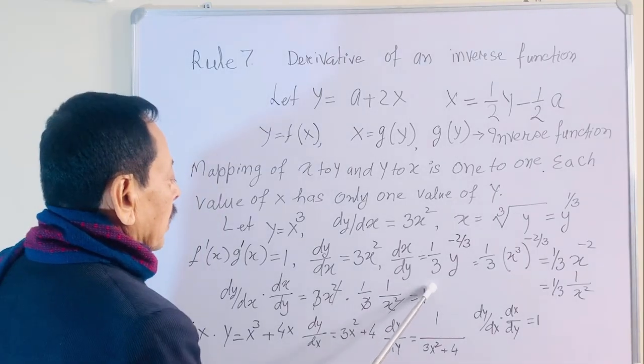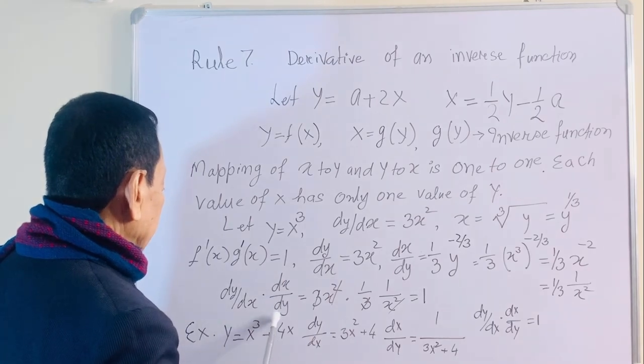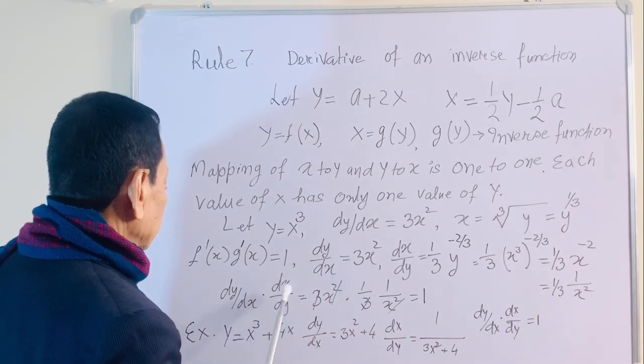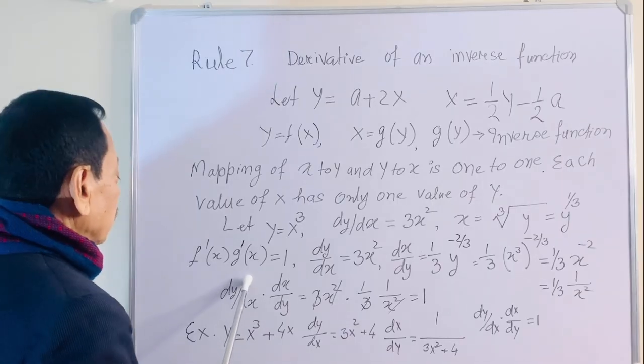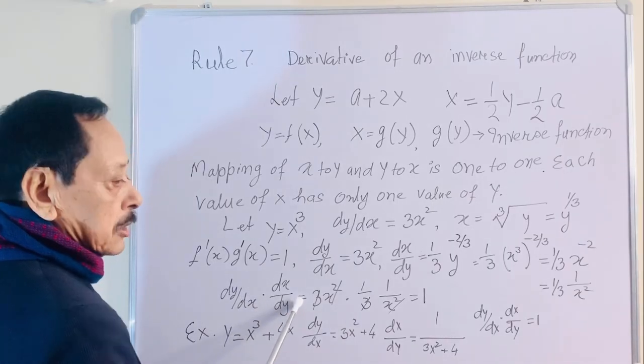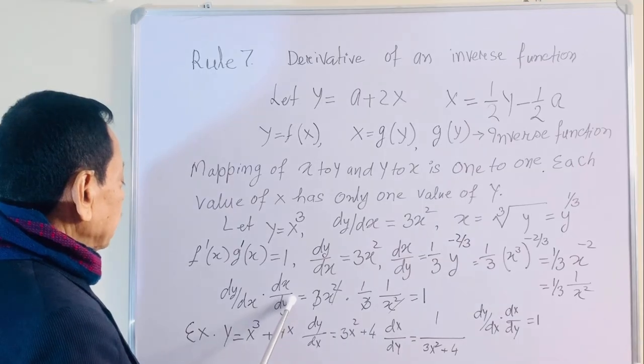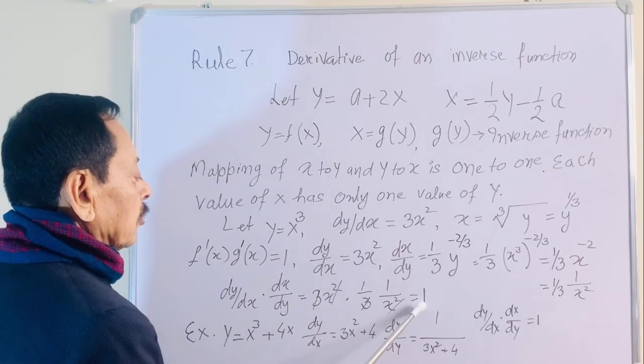So the multiplication of the derivative with the derivative of the inverse function is always 1.